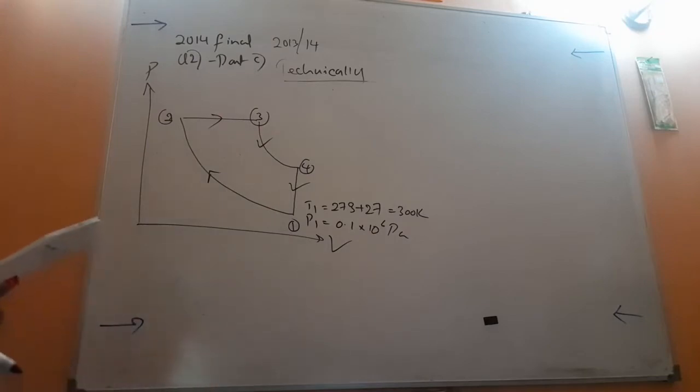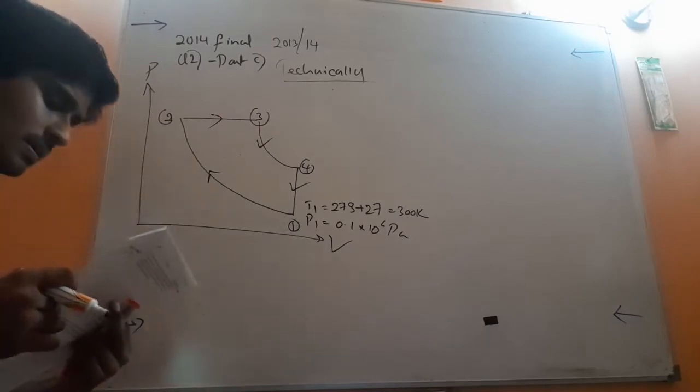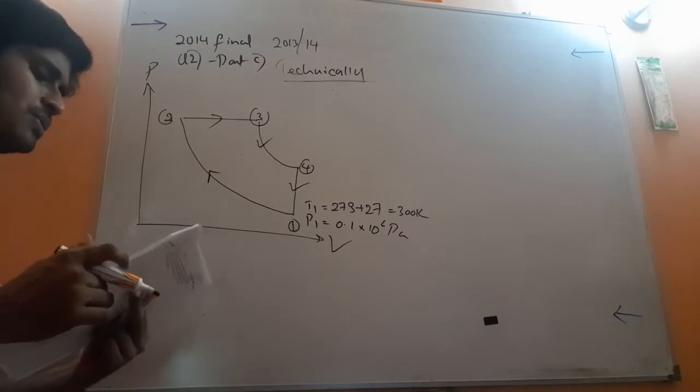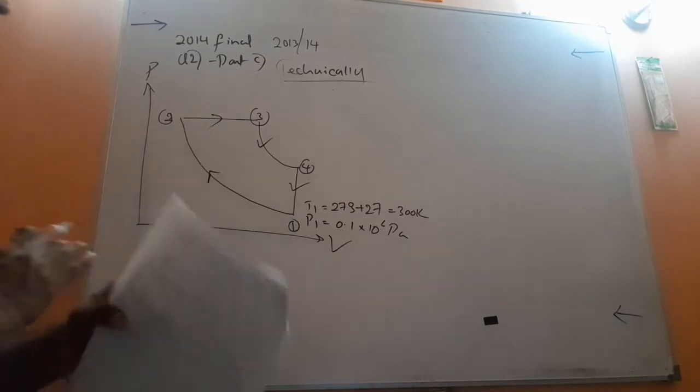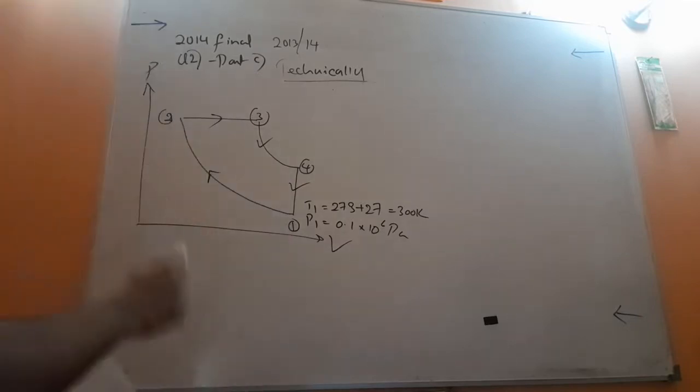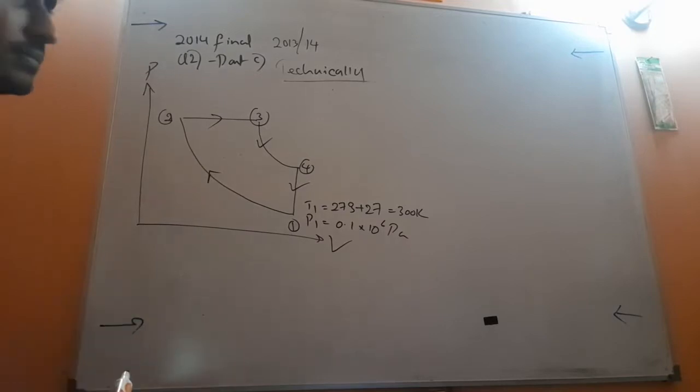And in the first part they ask for temperatures and pressures at the end of each process of the cycle. That means you have to find the pressure values and temperature values at each and every point. So for that we can make a table, right?